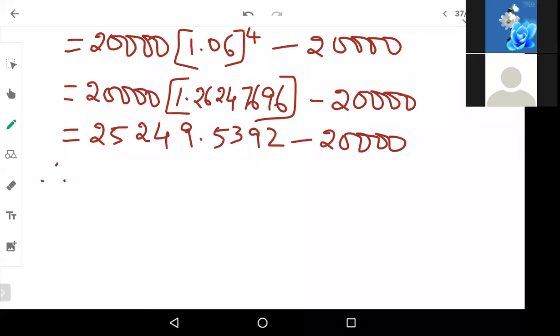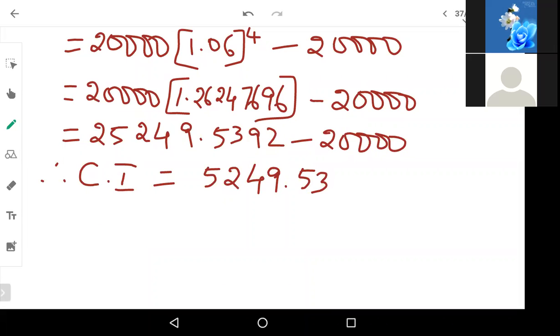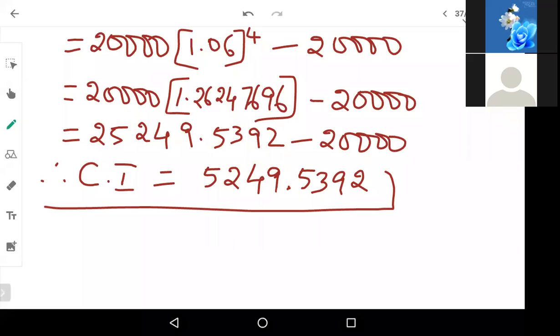So therefore, compound interest will be 5249.5392. So this is the compound interest value that is required.